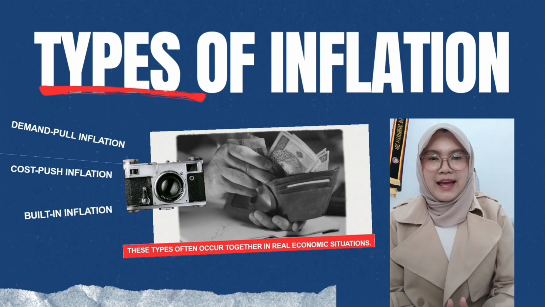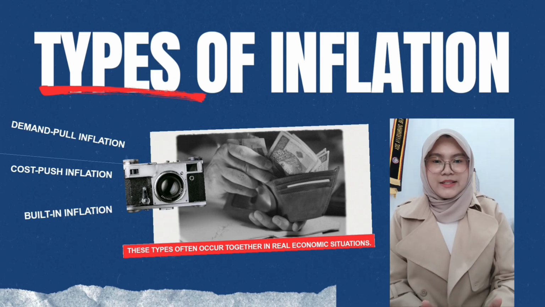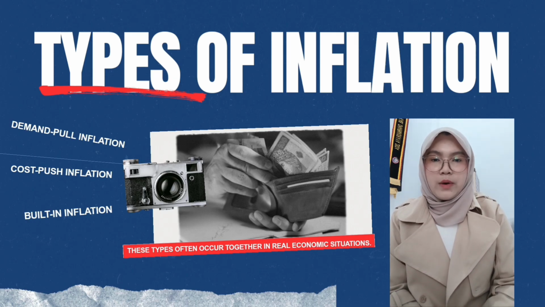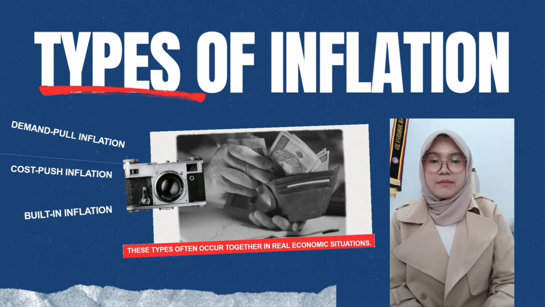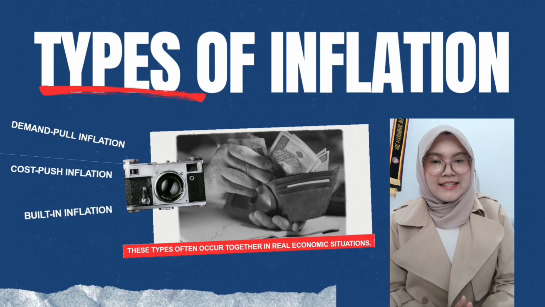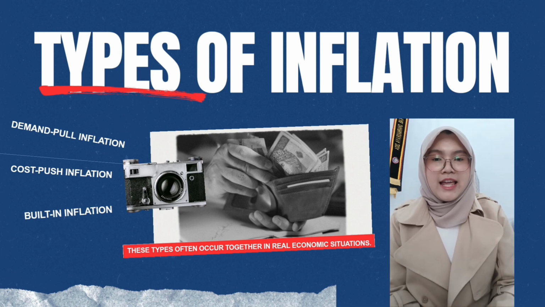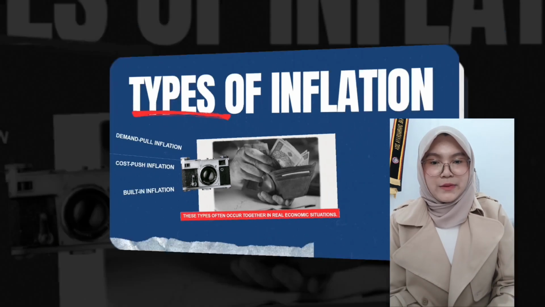Then, we have built-in inflation, also known as the wage-price spiral, where workers demand higher wages and businesses raise prices to cover these costs. It is important to note that these types often occur together in a real economic situation.